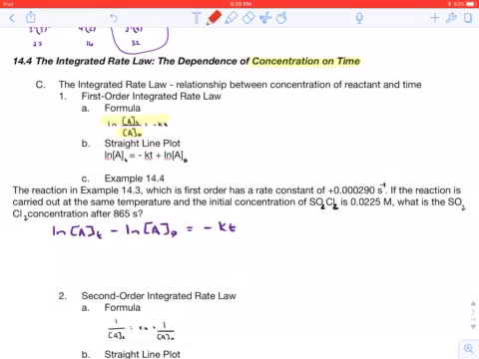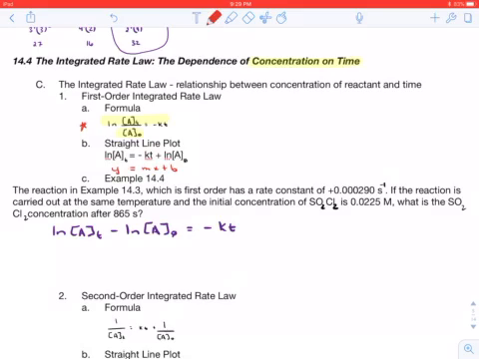The beautiful thing about this is it can be rearranged into a straight line plot, y equals mx plus b, and these line up perfectly. This is also one of the formulas on our formula sheet, so we may have to use it. So let's look at this example.